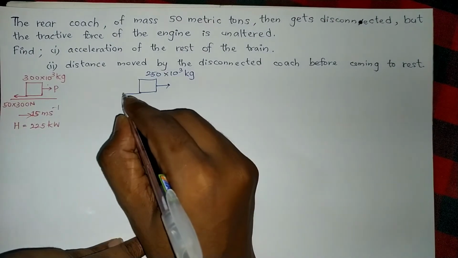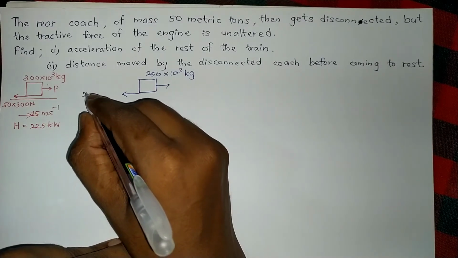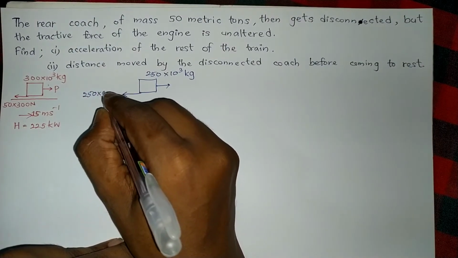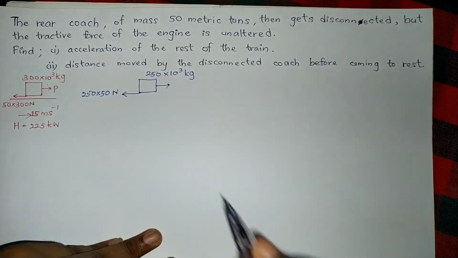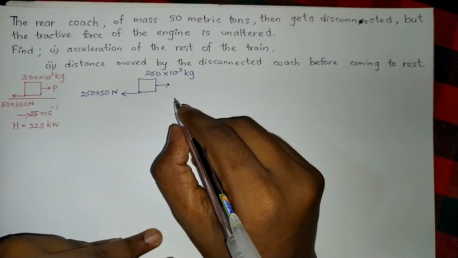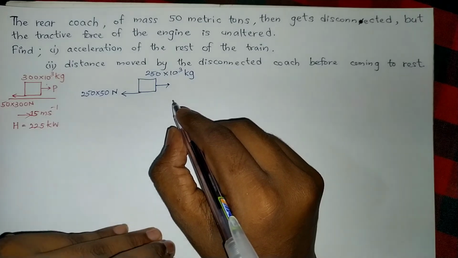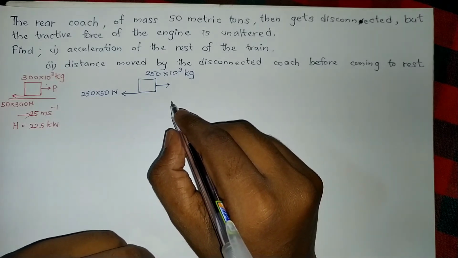Now the resistance is also changed, because resistance was given as 50 Newton per metric ton. Now the mass is 250. So 250 into 50 will be the total resistance, the new resistance. But the tractive force is not changed.